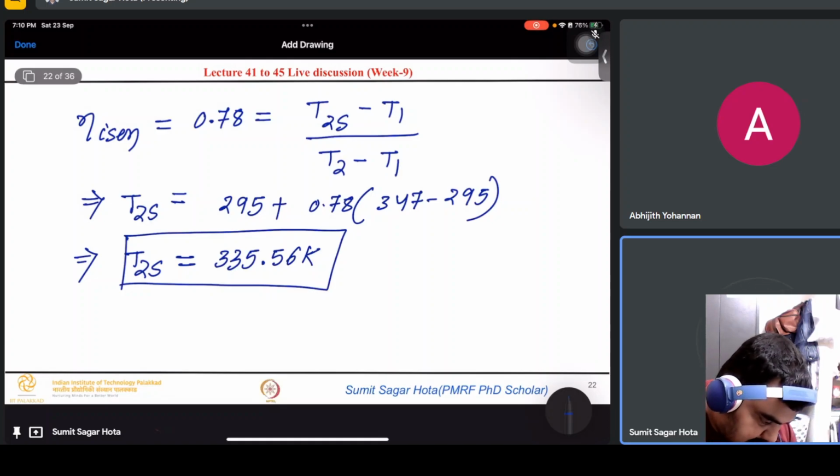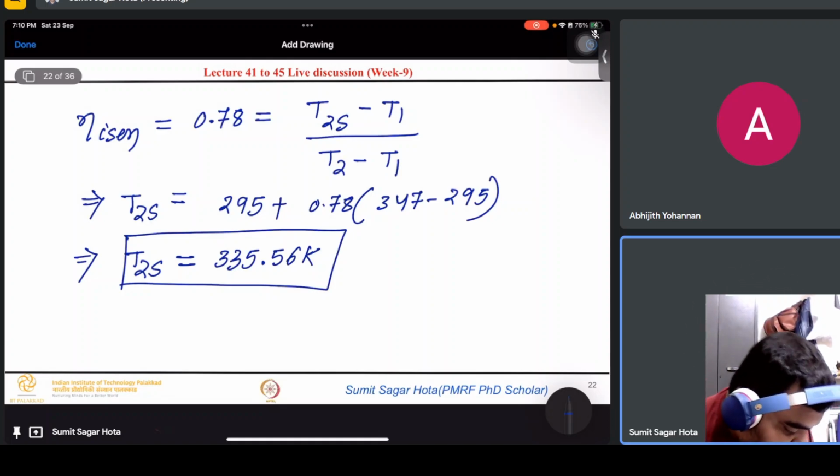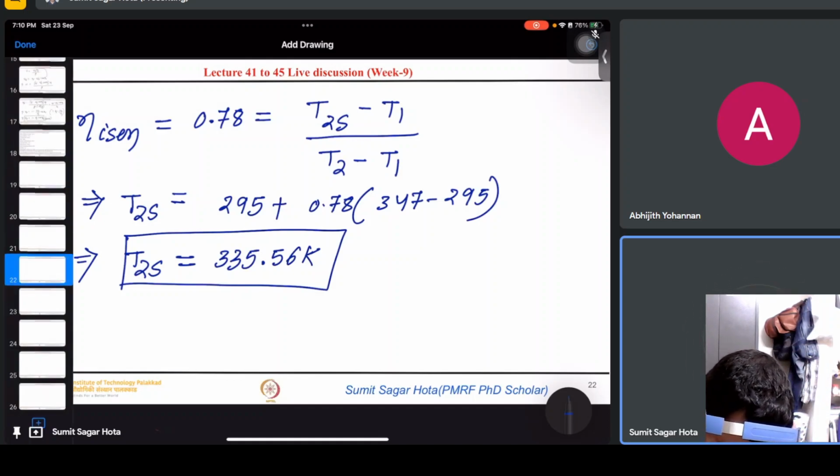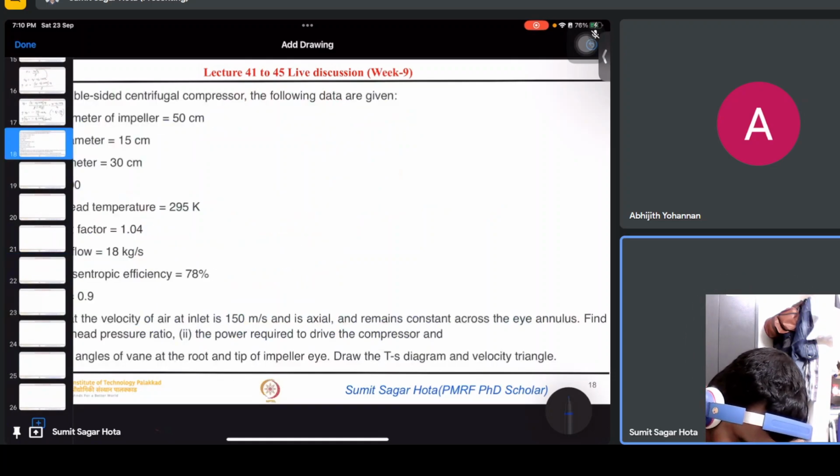Now we have T2s, T2 and T1. That means you can now calculate the pressure ratio, which was asked in the first bit of the question.